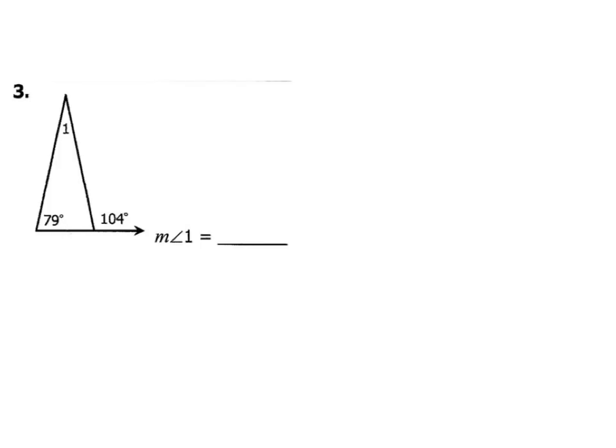All right, now number 3, we have an exterior angle. So we want to use the exterior angle theorem. So our exterior angle is equal to the sum of our two non-adjacent interior angles. So we can say that the measure of angle 1 plus 79, those are our two non-adjacent interior angles.